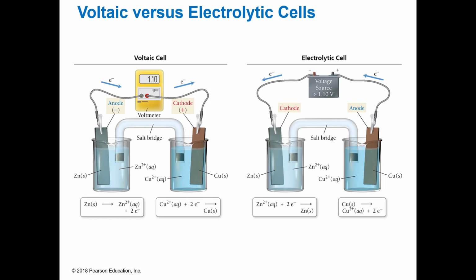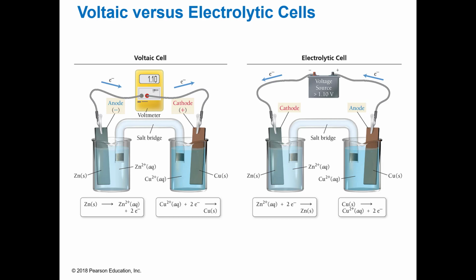But what if I replace the voltmeter here with an energy source that reverses the flow of the electrons? Well, that's possible. And when we do that, we now have gone from a voltaic cell to an electrolytic cell. We are forcing the reaction in reverse, so we're recharging this battery.